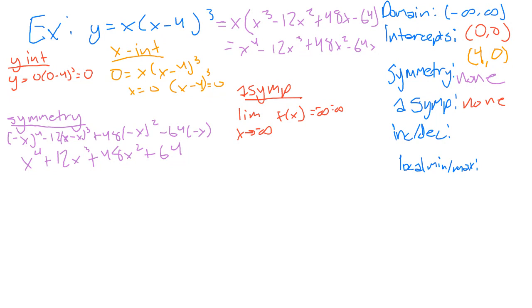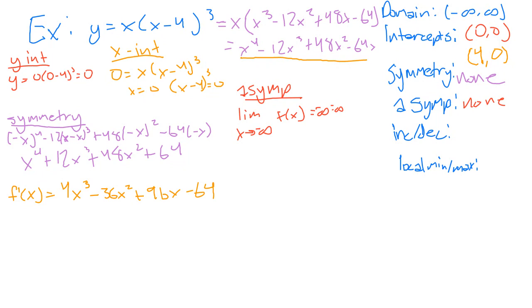Since we already have our function set up, let's find our first derivative. Taking the first derivative, x to the fourth goes down to 4x cubed, 12x cubed goes to 36x squared, and 48x squared goes down to 96x, minus 64.